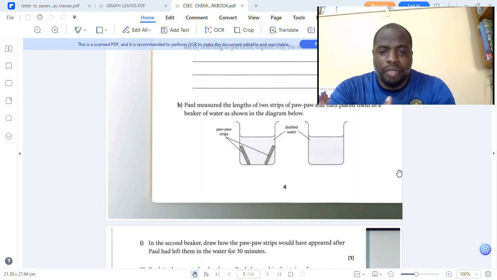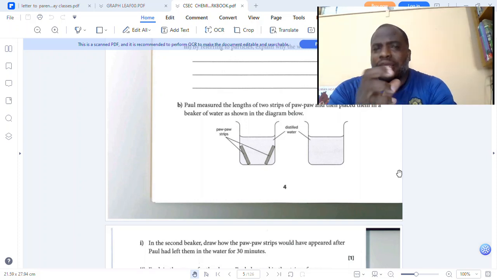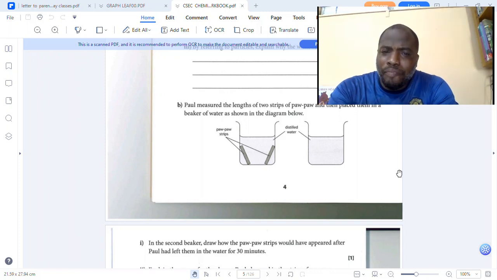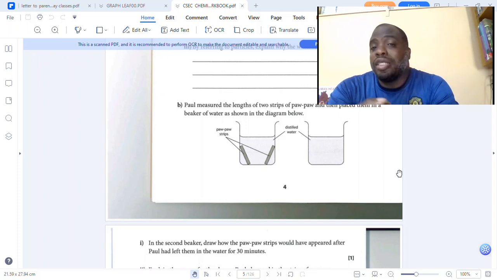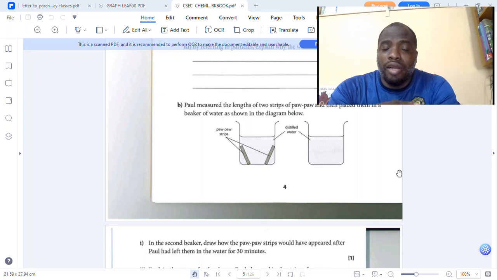So it's papaya strips, the papaya strips. So when you look at the papaya strips, and you have to work with me now, you're thinking about it, but it's a plant. In the plant, you have cells. So inside of these strips, you're going to be having cells. What is inside of the cell? One of the organelles that holds the other organelles is the cytoplasm.